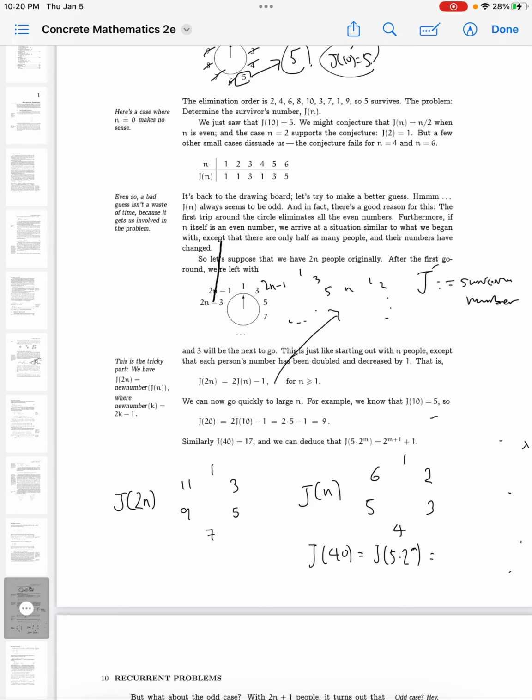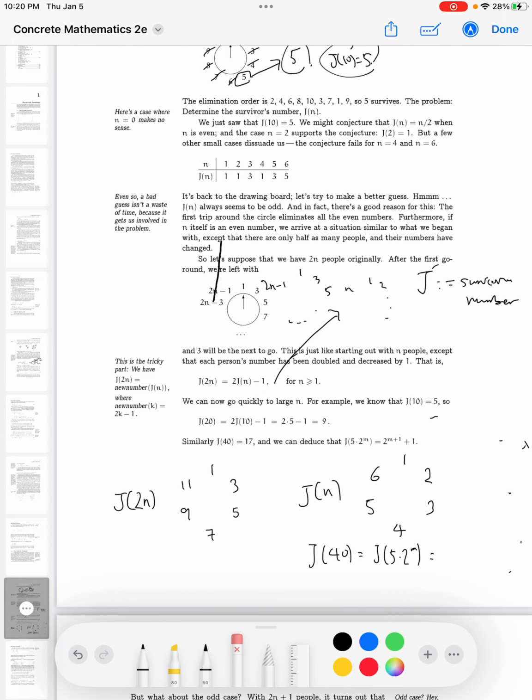So what I mean is that, let's say we have J12. After one round, there's going to be 1, 3, 5, 7, 9, 11 people remaining. I'm talking about this case.